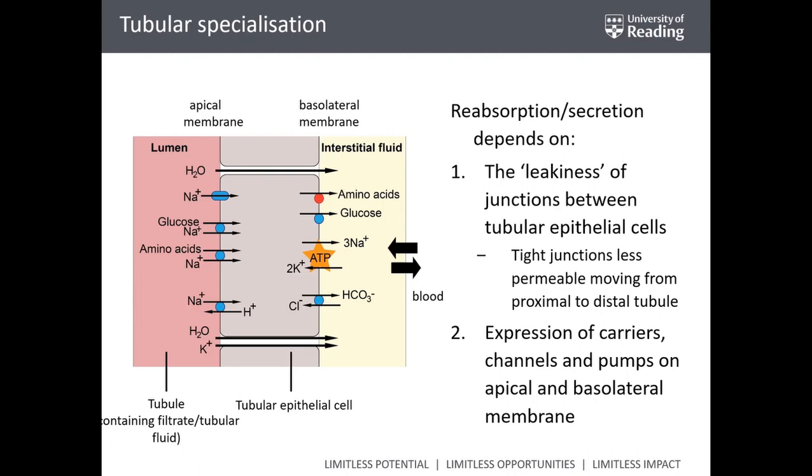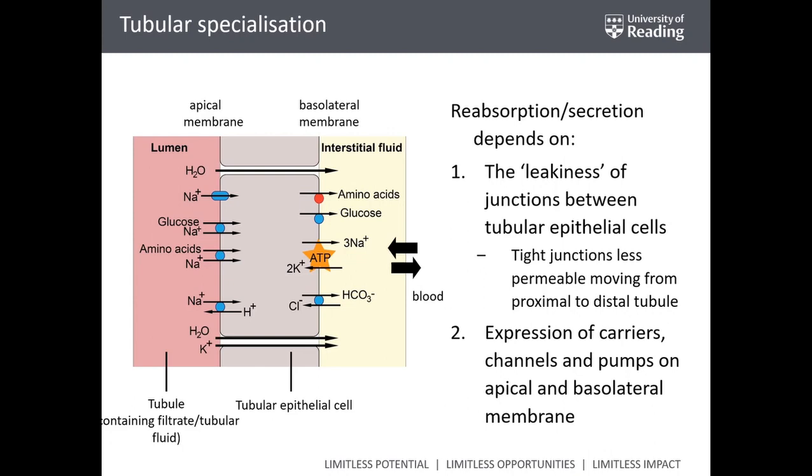So the apical membrane is the part of the plasma membrane of the epithelium which is directed towards the lumen of the tubule, while the basolateral membrane is the part of the membrane that is directed towards the interstitial space, the interstitial fluid, in this case on the right hand side, and hence towards the blood, towards the inside of the body, or towards the neighboring cells.